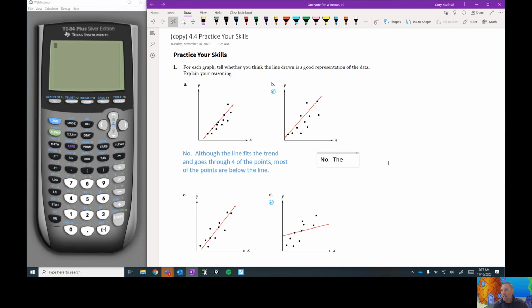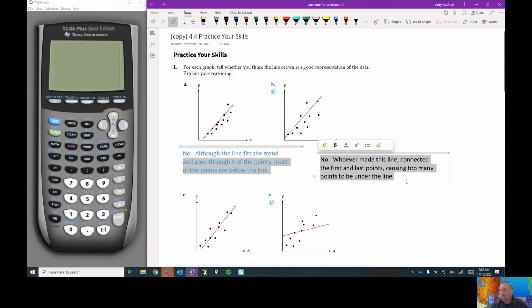Looks like whoever made this line connected the first and last points, causing too many points to be under the line. So again, we want a good number of points above and below the line, probably about half and half.